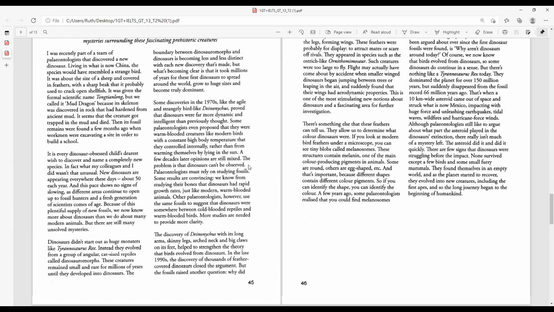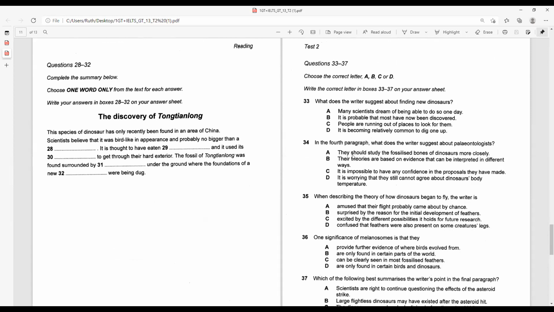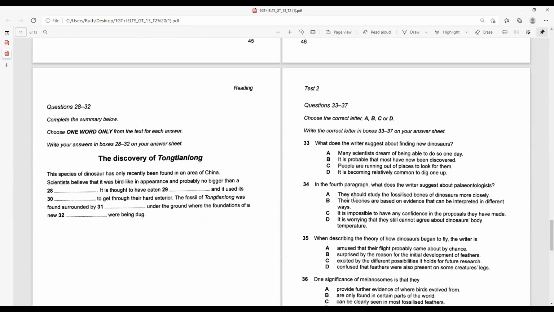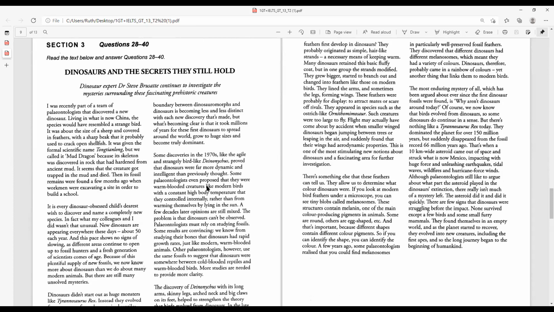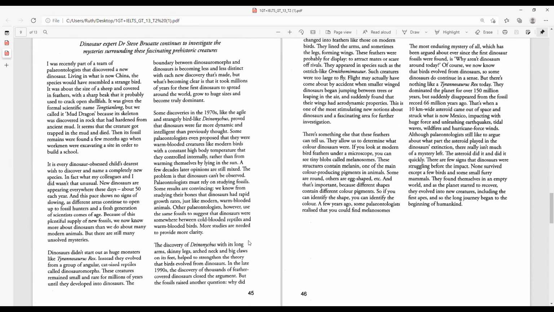So it's only fourth paragraph based. So we'll compare the options. So these are time consuming questions, even in your test, these are quite time consuming.